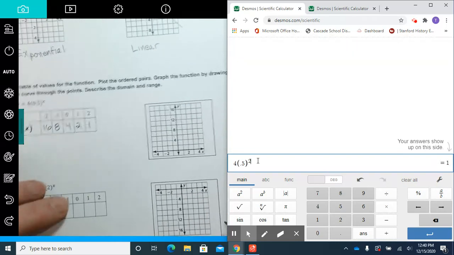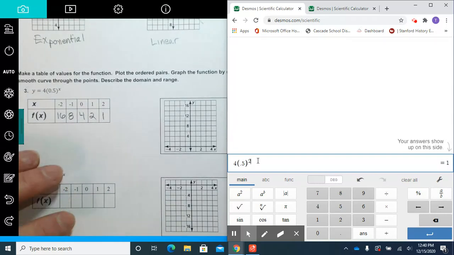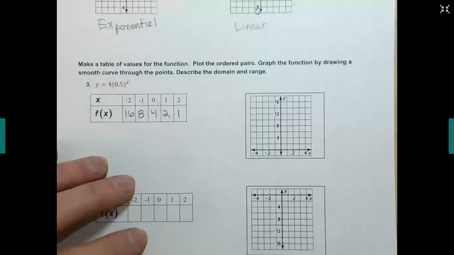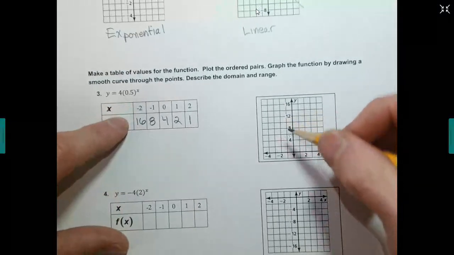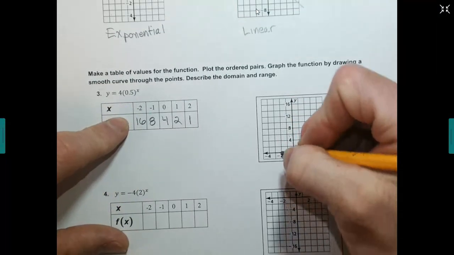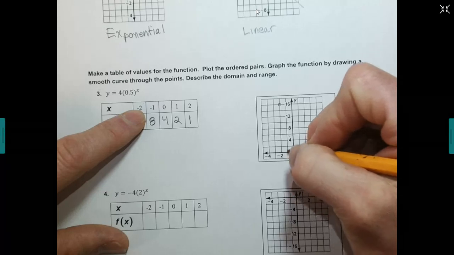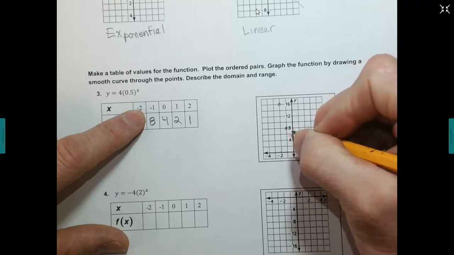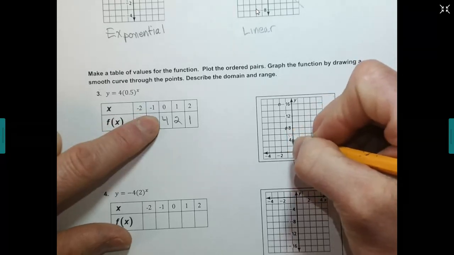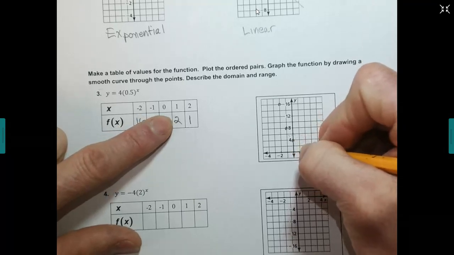So now I plot all those points on here. I have negative 2, 16; negative 1, 8; 0, 4; 1, 2.